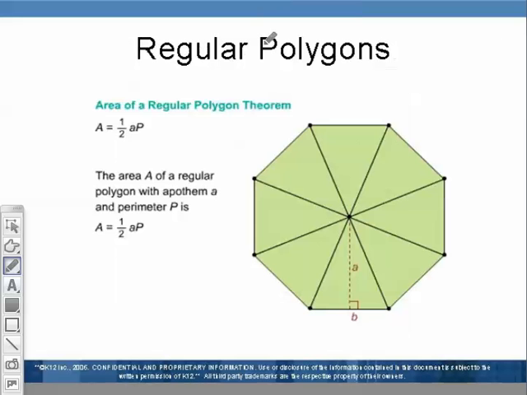Now, what are we going to use that apothem for? Well, regular polygons can always be divided up into triangles, because you can go from the center to each one of the vertices and you'll get a bunch of triangles. How many triangles will you get? Well, it depends upon what type of object it is. But if you go from the center out to the side, this apothem represents the height of one of the triangles.